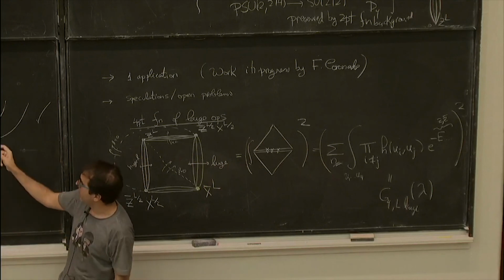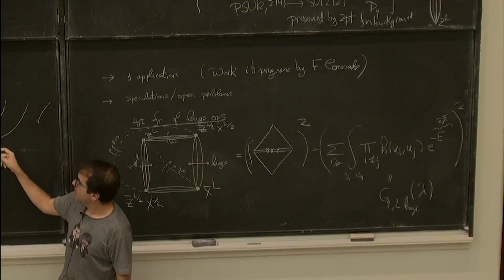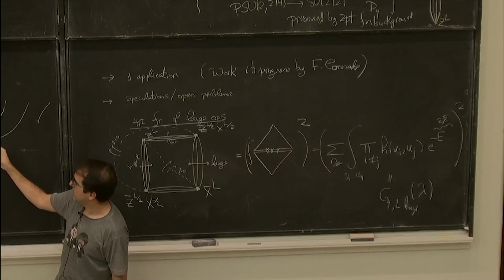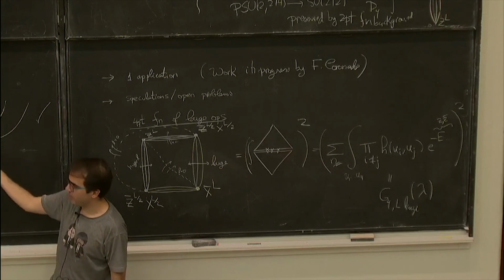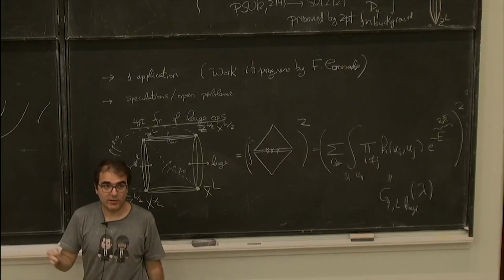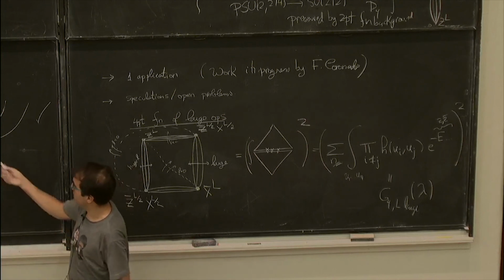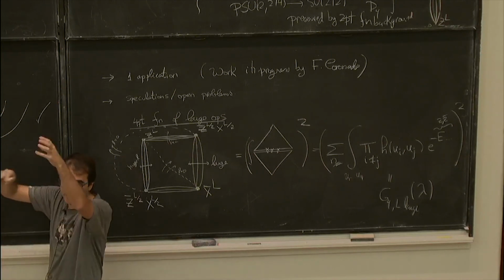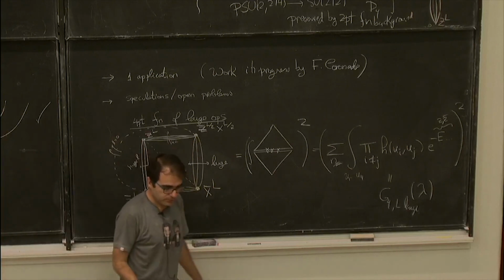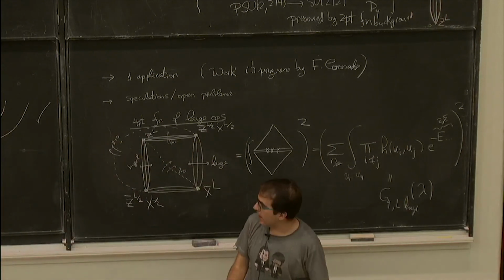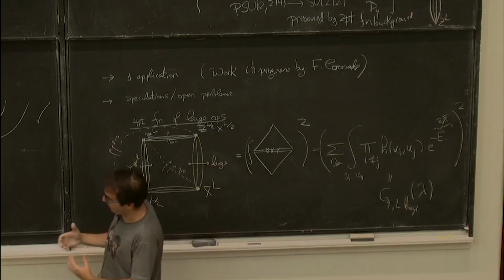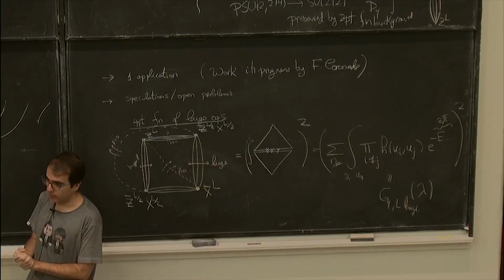As you remember, this matrix is big. It's 4 times 4, 16 by 16 dimensional matrix, and we multiply many of them. So understanding how to resum these particles in an efficient way in general is really something we don't know how to do.